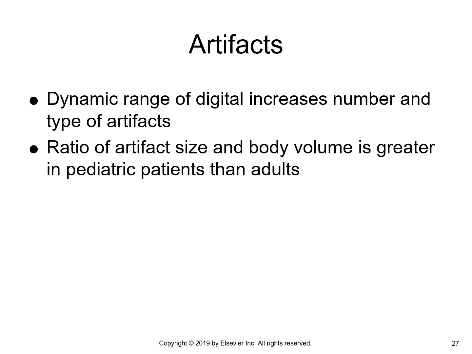Okay. Artifact size relative to body volume is greater in pediatric patients than adults. What does that mean? That means because the patient's lungs are smaller, your letter marker that is placed inappropriately is covering more tissue than on an equivalent adult-sized patient.